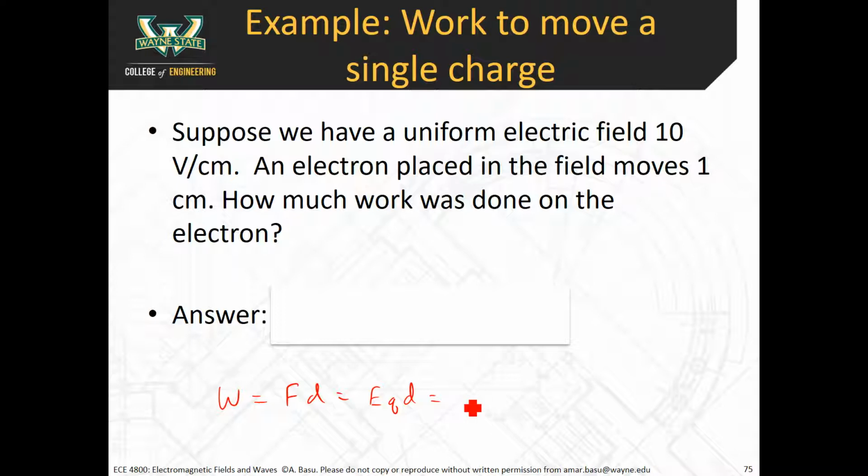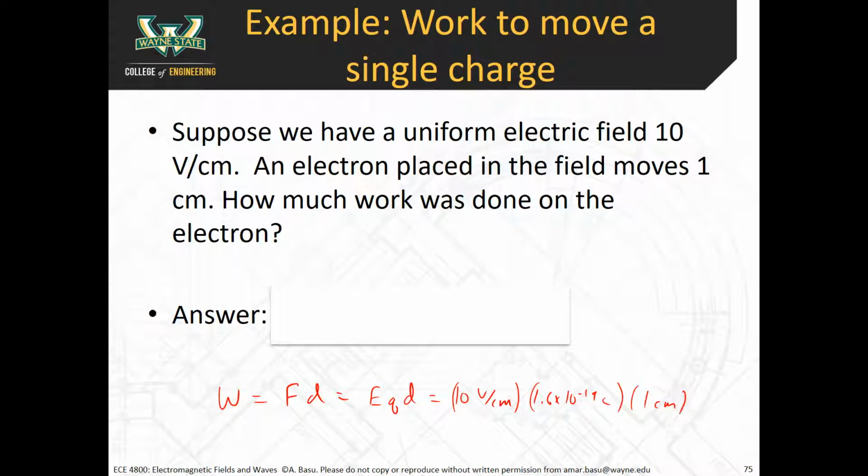All right, so the electric field is 10 volts per centimeter. Q. What is the Q? 1.6 times 10 to the negative 19 coulombs. And the distance is 1 centimeter.